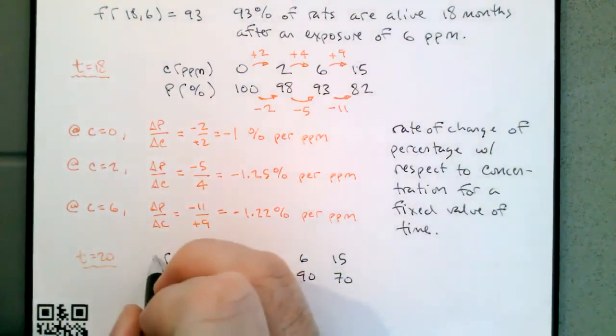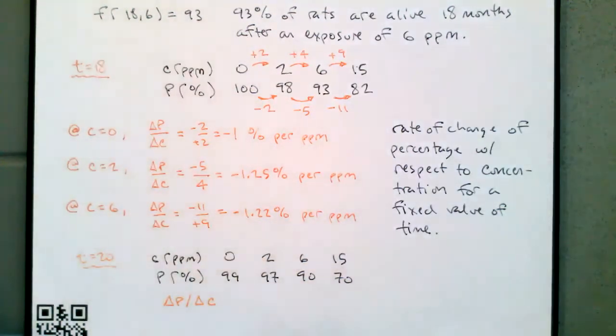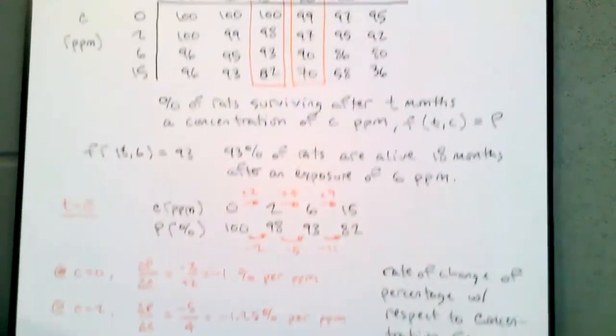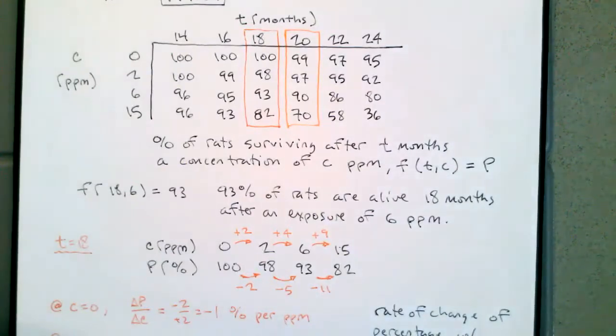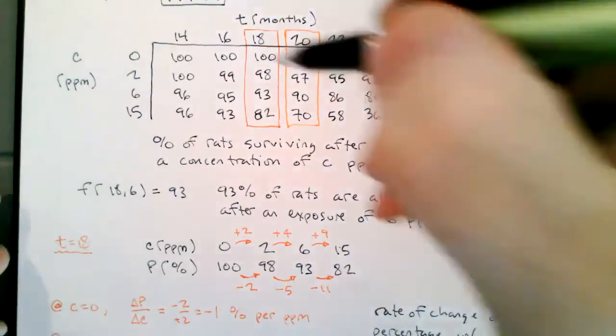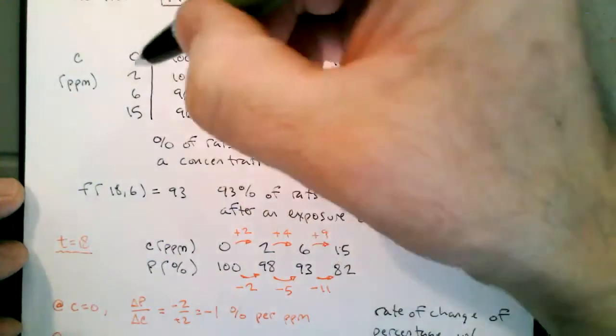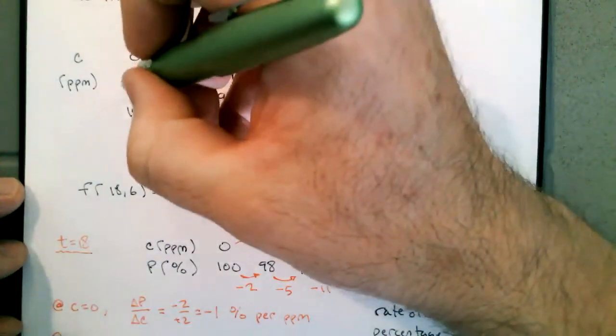We can also do the same thing in the other direction. We can choose a fixed concentration and look at how time affects the percentage. So earlier we had looked at f of 18 and 6 is 93. So we could look at a horizontal row of the table.